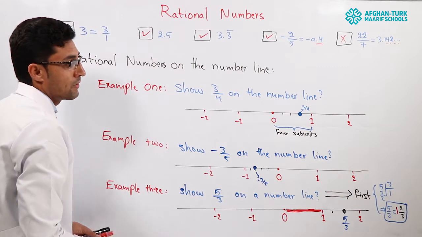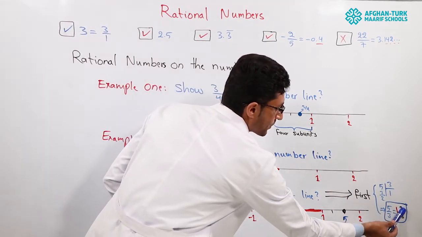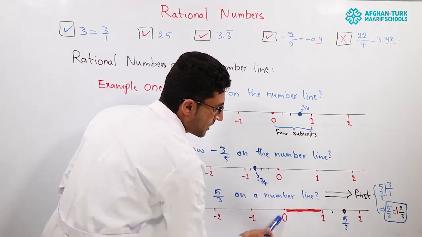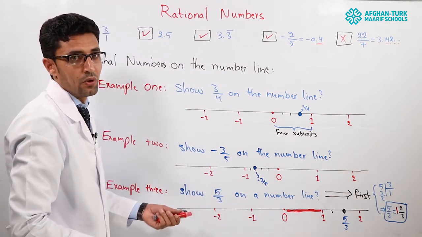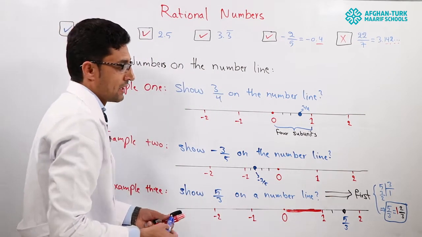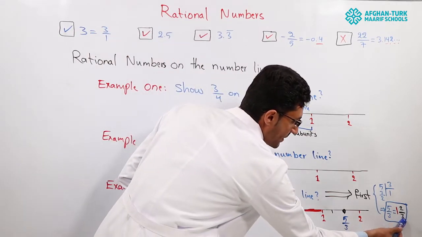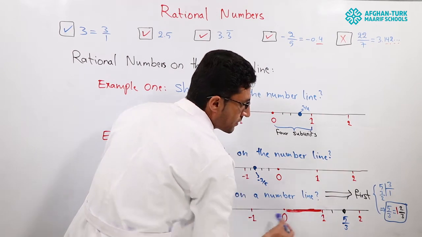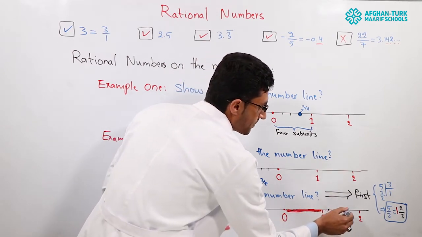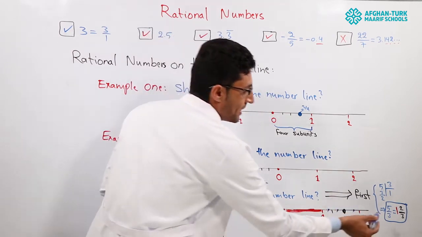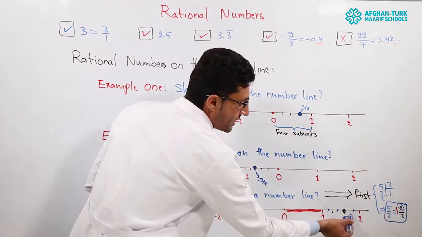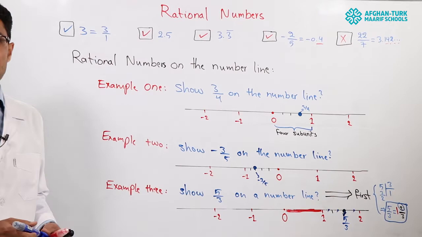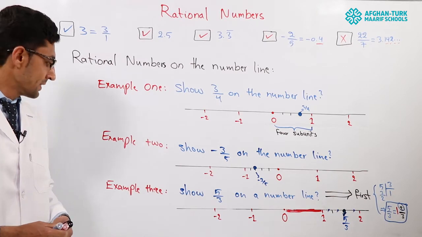And now we can show 1 and 2 over 3 on the number line. 1 is a whole number, complete. From 1 to 2 we divide into 3 parts: 1 part, 2 parts, and 3 parts. How many parts should we take? Only 2 parts. It means here we have 5 over 3.